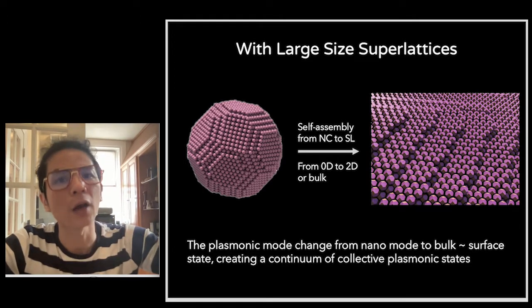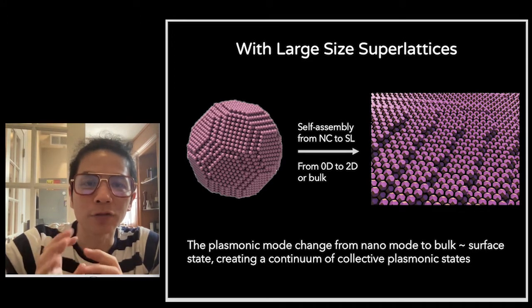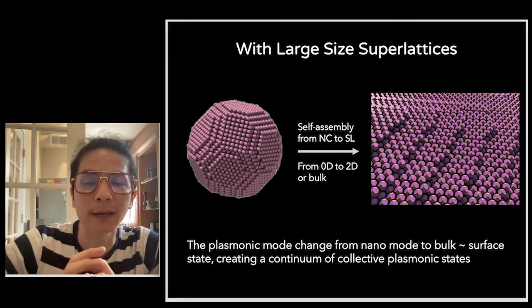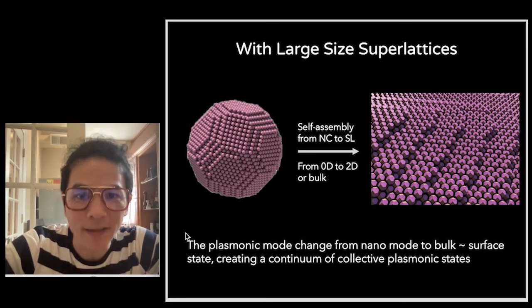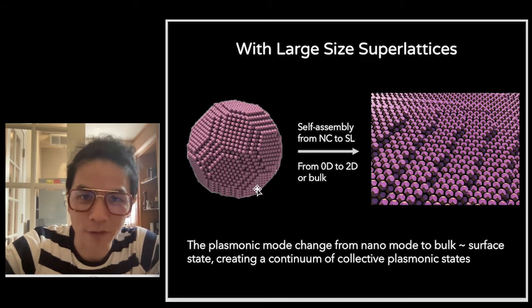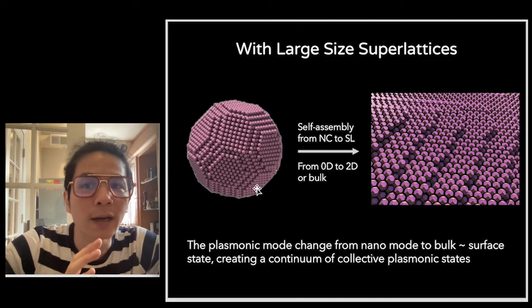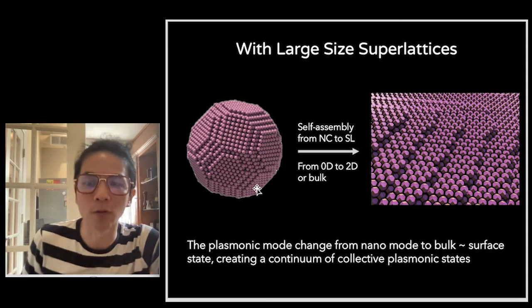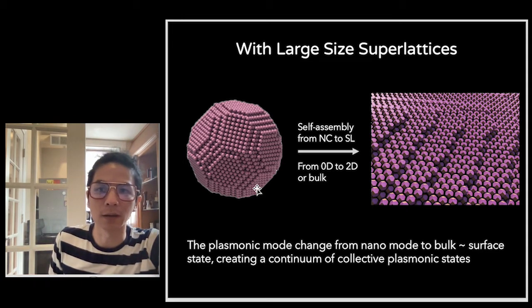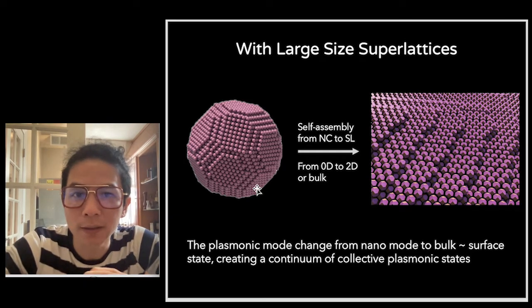And lastly, I want to talk about why nanocrystal superlattice attracts attention as a metamaterial. So I explained, the gold nanocrystal or nanocrystal with plasmonic material can have a specific nano mode plasmonics, which is called localized surface plasmonic resonance.